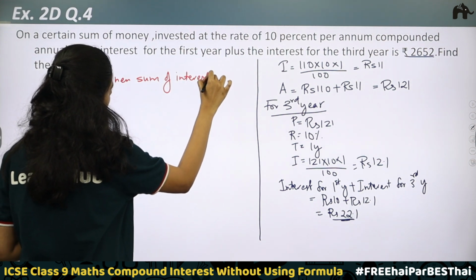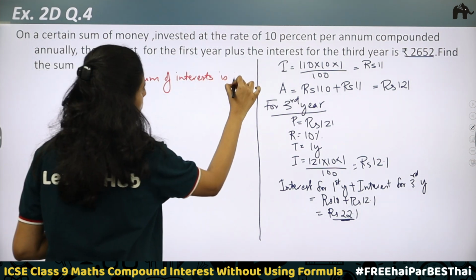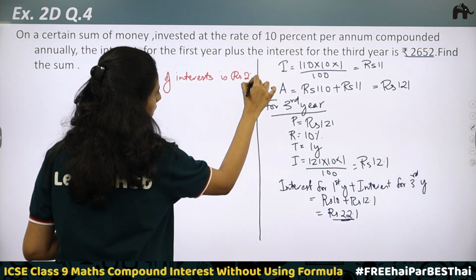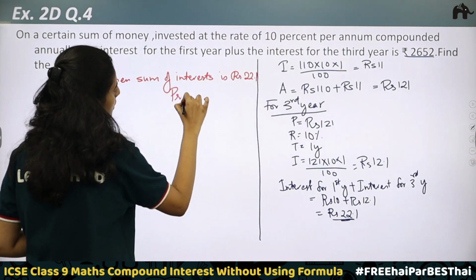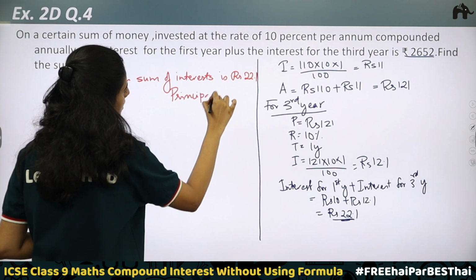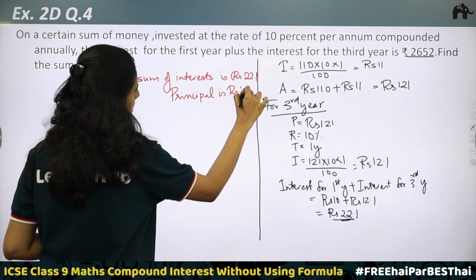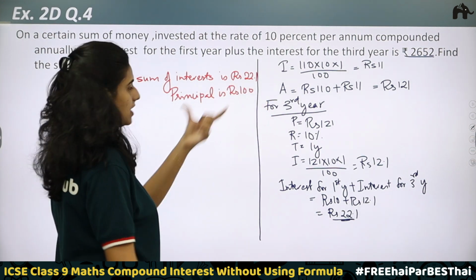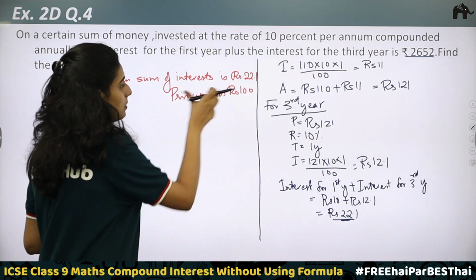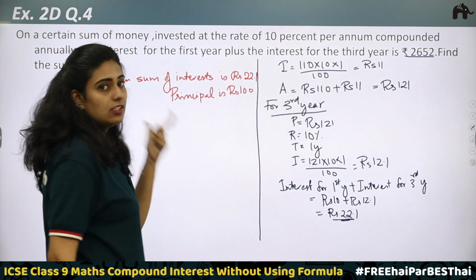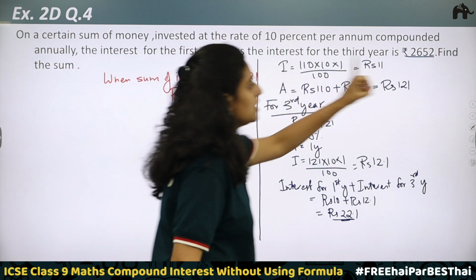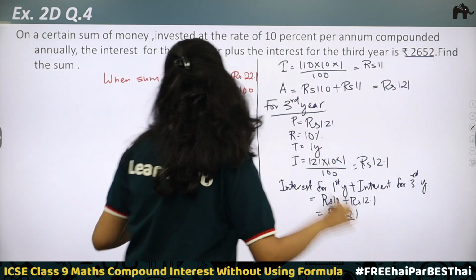Okay. So when sum of interest is rupees 22.1, principal is rupees 100. We had taken the principal to be rupees 100. We have to find what the principal is when the sum of interest of first year and third year is rupees 2652. Okay.